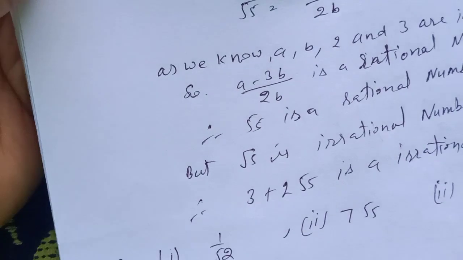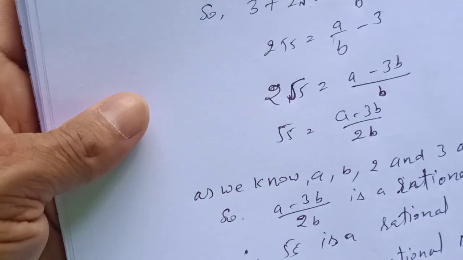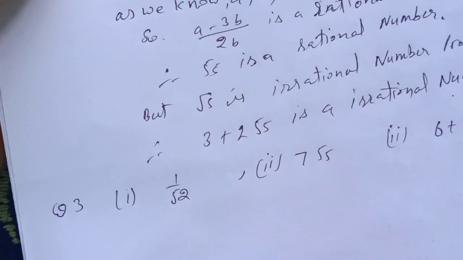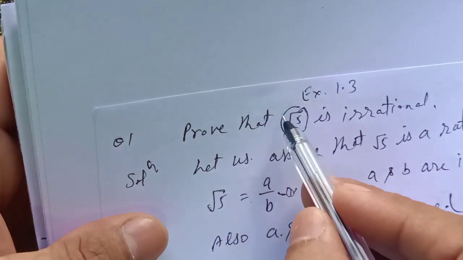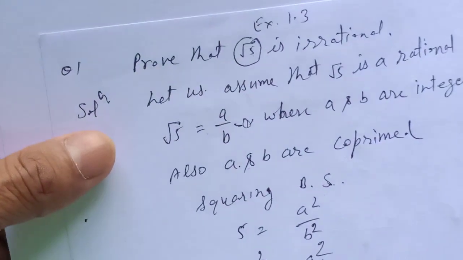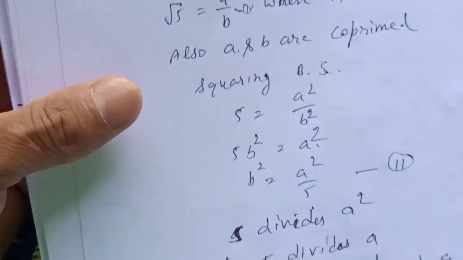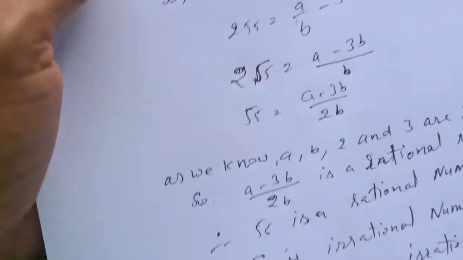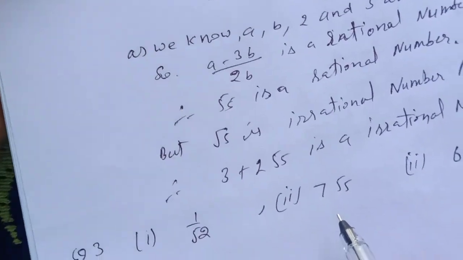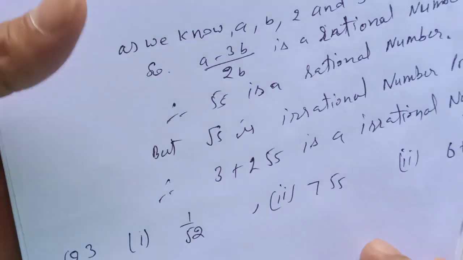So you have to do it yourself, and this type is also same like this root 5. You have to multiply it with 7 and the same statements you can apply in this question, and you have to find the solution of it yourself.